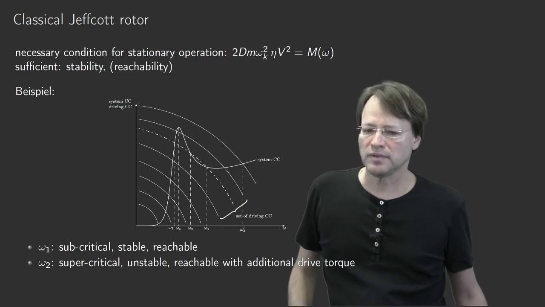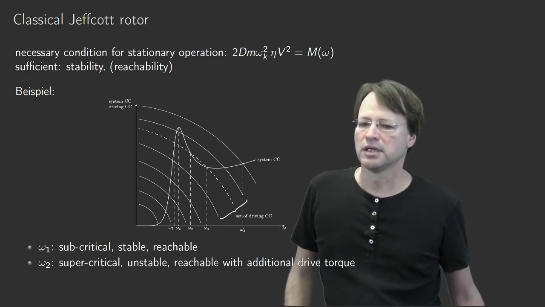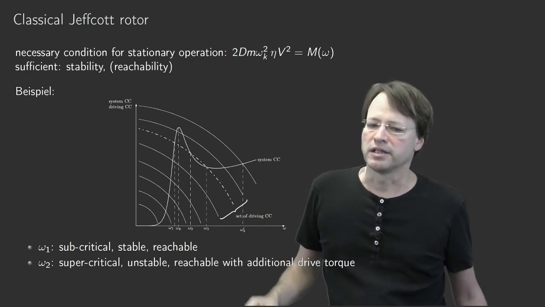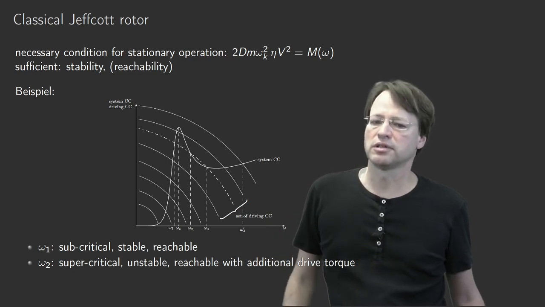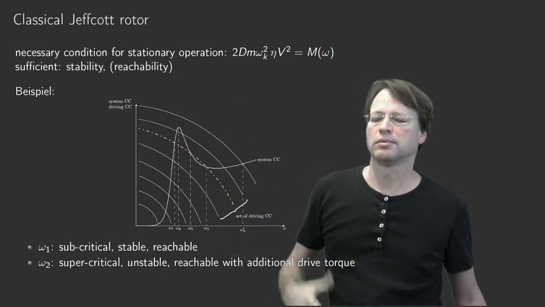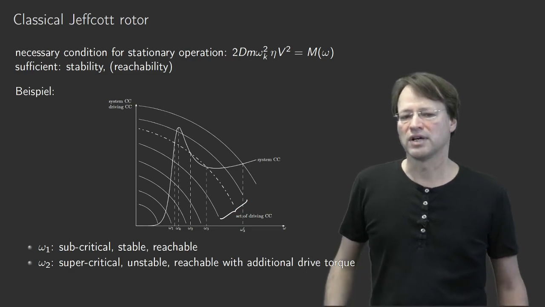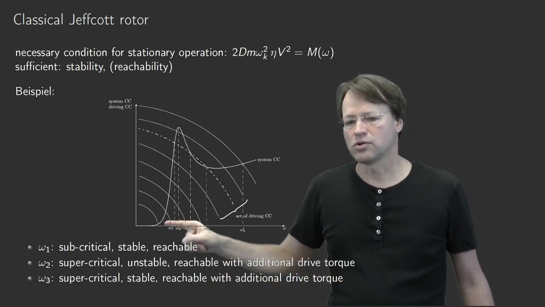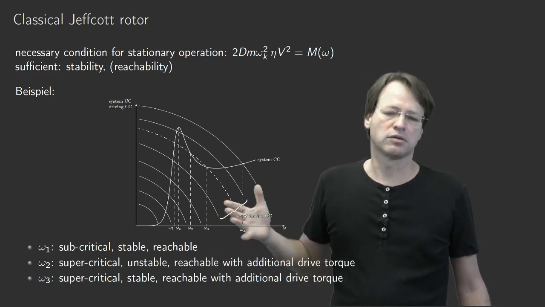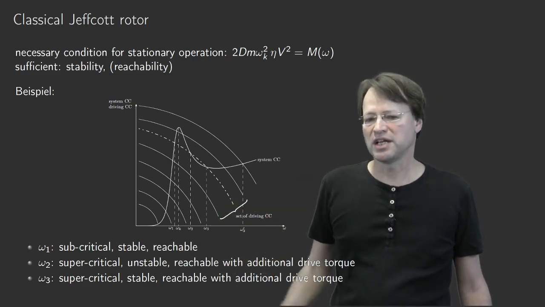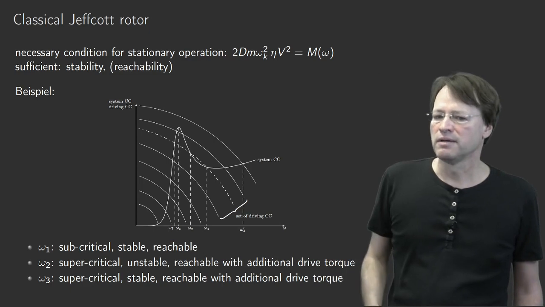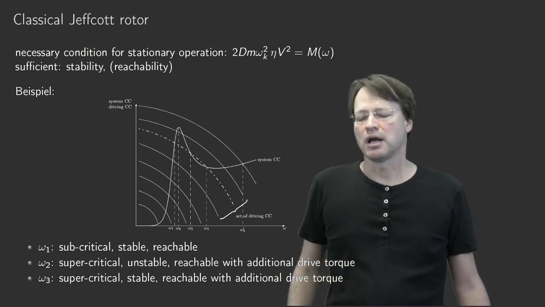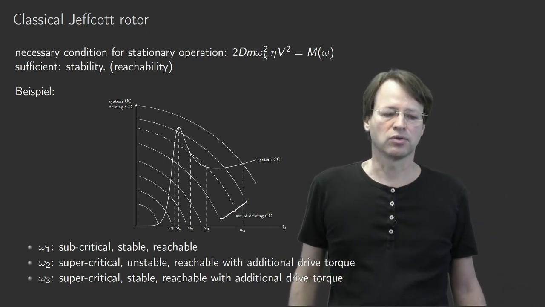Here, it's beyond resonance. It's unstable. It's only reachable with an additional driving torque or with some additional power provided to the system. And finally, omega 3 is also supercritical. It's, I would say, the preferred state for that system. It's stable and it's reachable also with some additional driving torque.